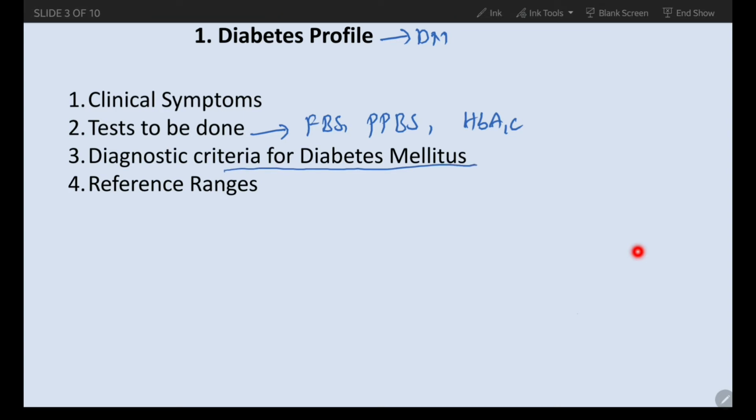Now, to confirm the patient has diabetes, there is something called the criteria for diabetes mellitus. Now we will see what that criteria is. When the report matches this criteria, only then can we say a person has diabetes. The criteria: if fasting blood glucose levels are more than 126 mg per dl on more than one occasion, that is the first criteria.